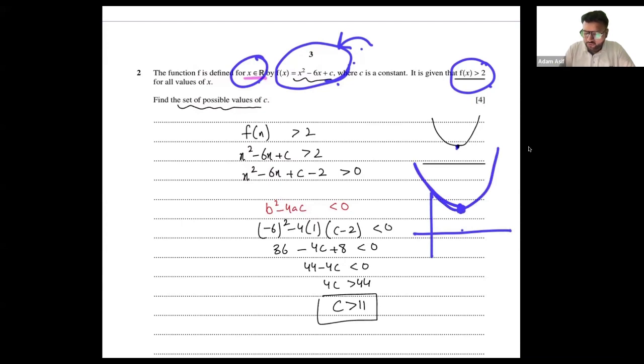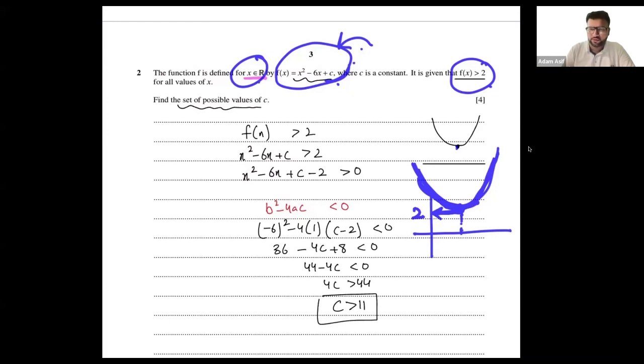Now, we don't know the x coordinate of the turning point, but we know that the y coordinate of the turning point is 2. So it's always going to be above the x-axis. If it is above the x-axis, will it have any real solution? No, right? So the discriminant will be less than 0.